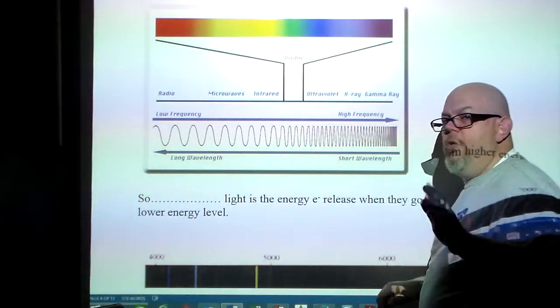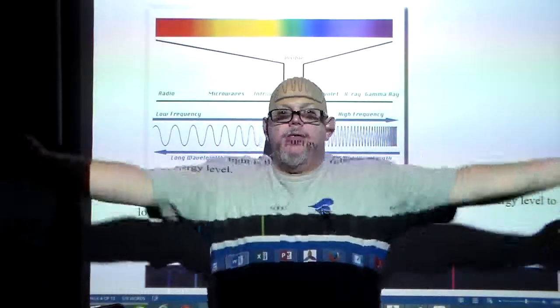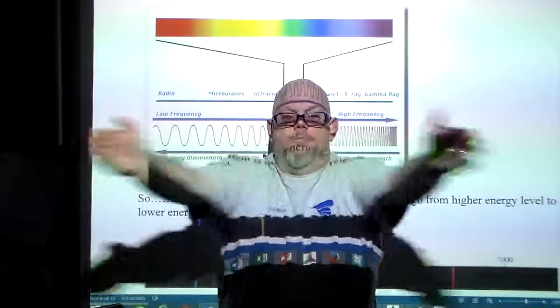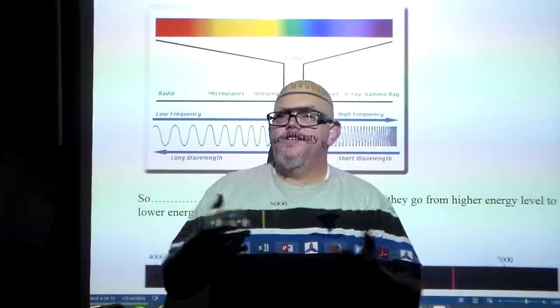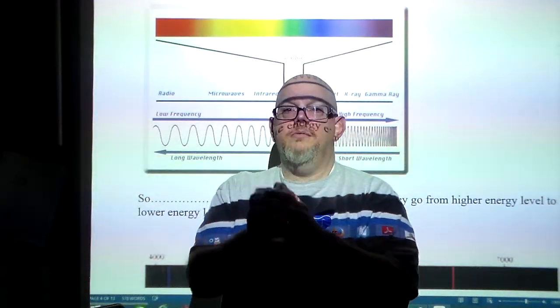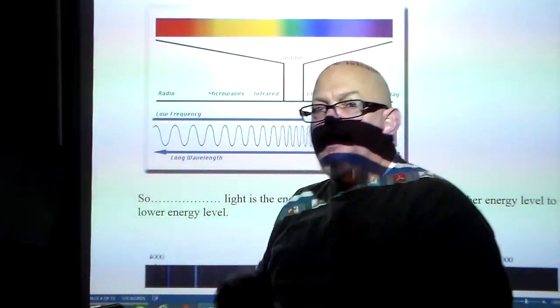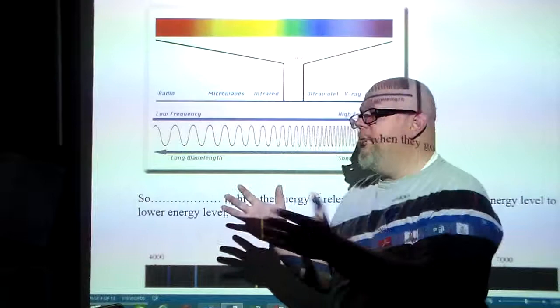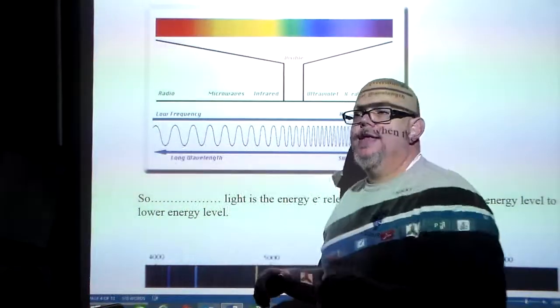Now, if we simulate clapping our hands as fast as we can, not many waves have passed through. On the other hand, with a shorter wavelength, you got more claps. What do I mean by more claps? More waves passed in that time period.